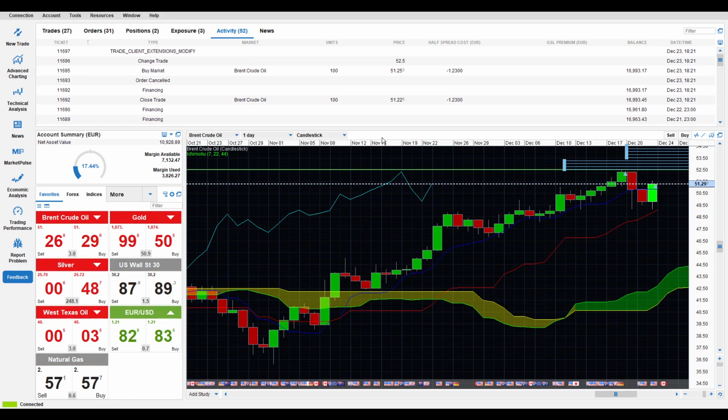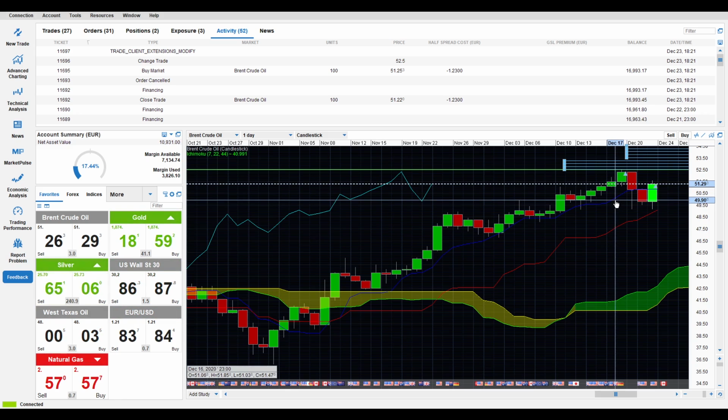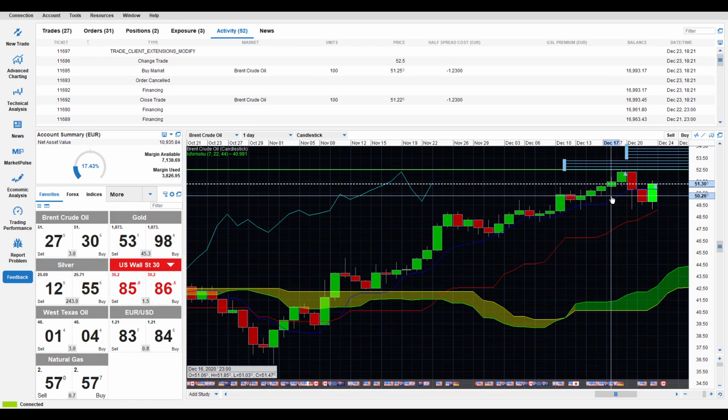So if the price moves by 1 cent, you can either win or lose 1 cent if the price moves up or down. So that means that if you start at $50, and the price moves 25 pips, this is the equivalent of $50.25. And if the price moves again by 25 pips, the corresponding price will be 50.5.